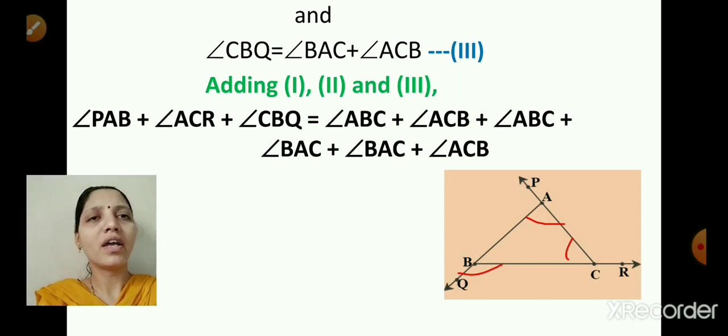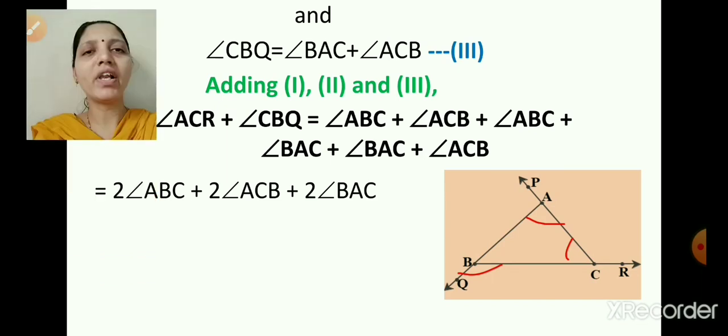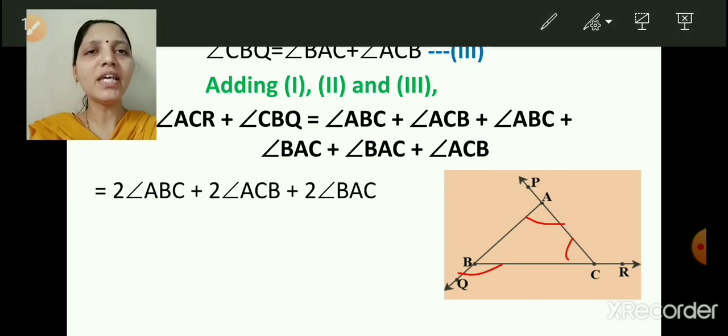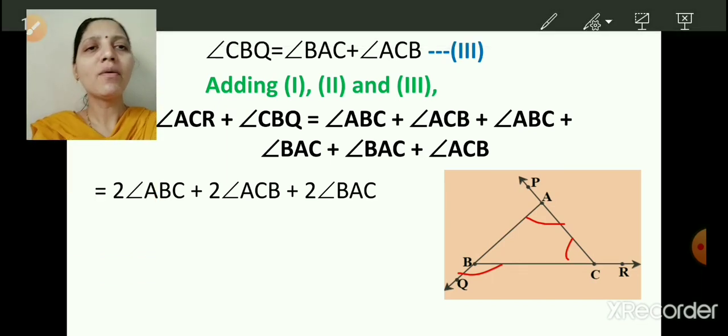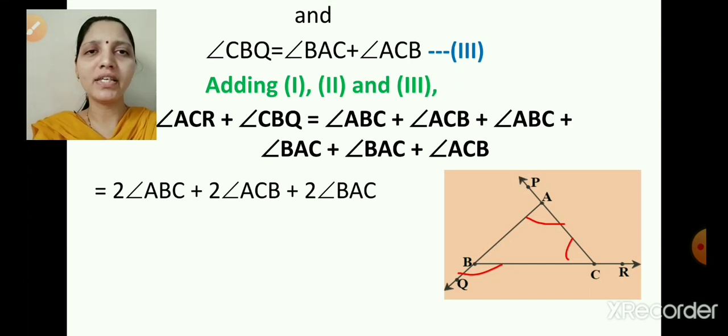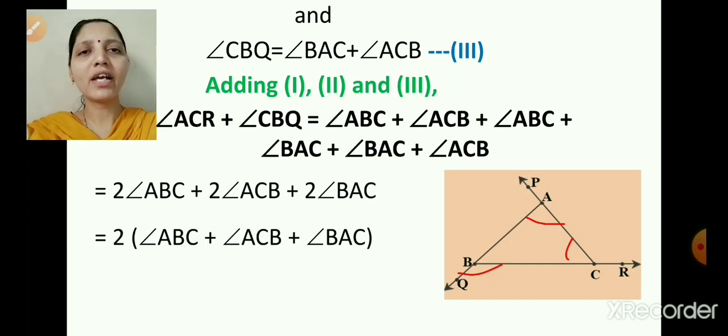Now if you observe here, angle ABC has come twice, angle ACB has come twice, and similarly angle BAC has come twice. So we can add these angles and we will get 2 angle ABC plus 2 angle ACB plus 2 angle BAC. So let's take 2 common. We will get 2 into (angle ABC plus angle ACB plus angle BAC).